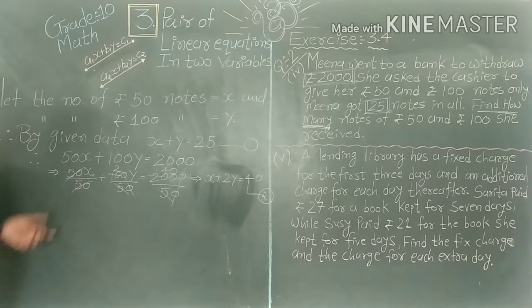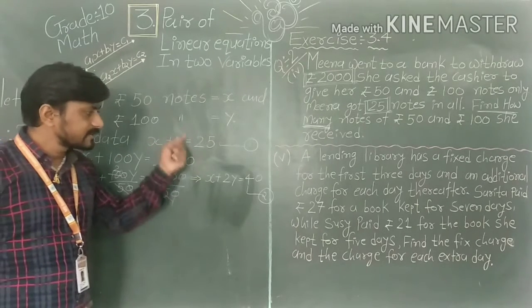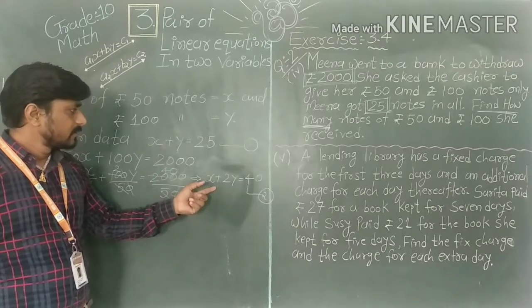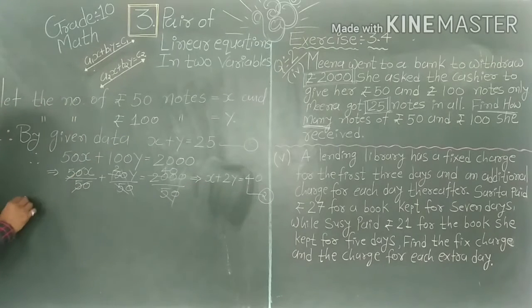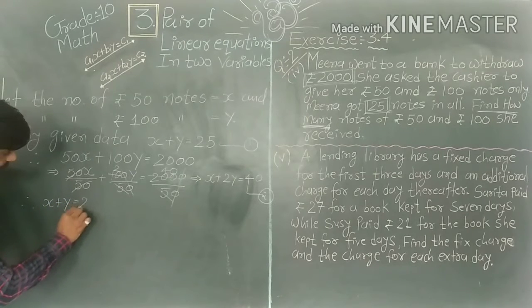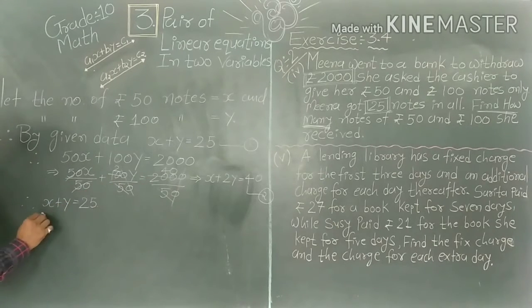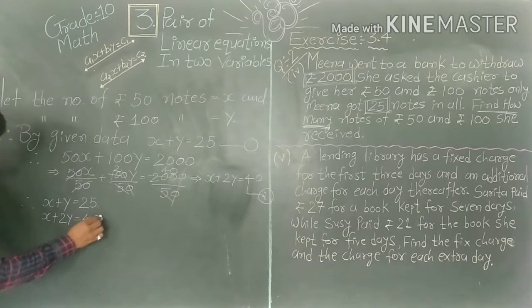Now I solve these two equations by the elimination method. Therefore I arrange both equations together: x plus y is equal to 25, and the second one is x plus 2y is equal to 40. Now change the signs.